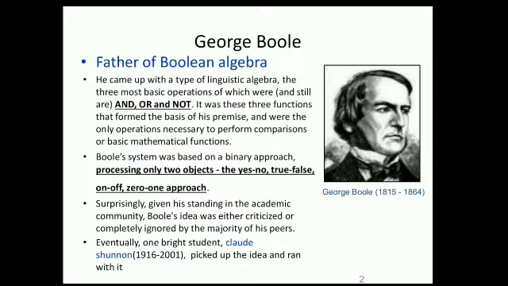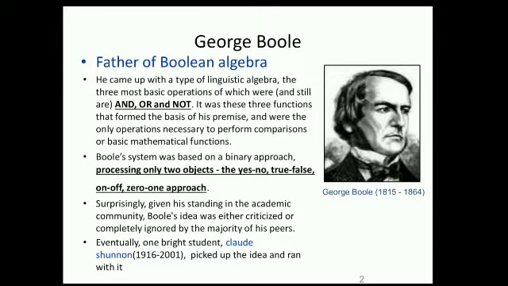The term Boolean comes from the person George Boole, who is also known as the father of Boolean algebra. He came up with a type of linguistic algebra with three most basic operations known as AND, OR, and NOT. These three functions form the basis of his premise and were the only operations necessary to perform comparison or basic mathematical functions.